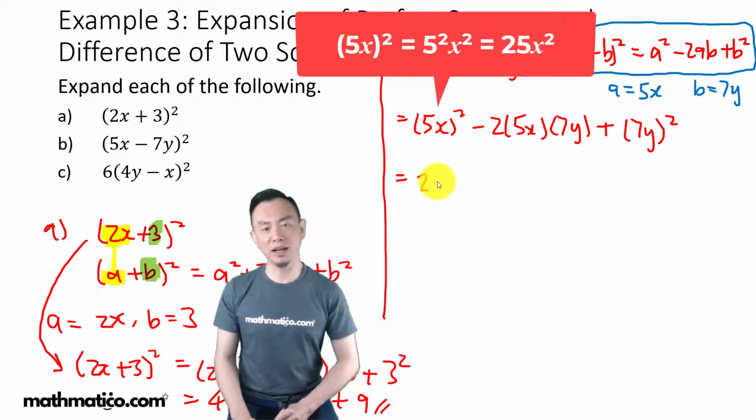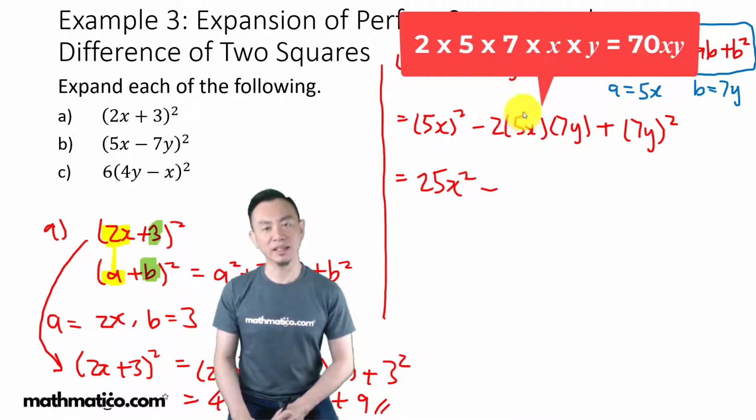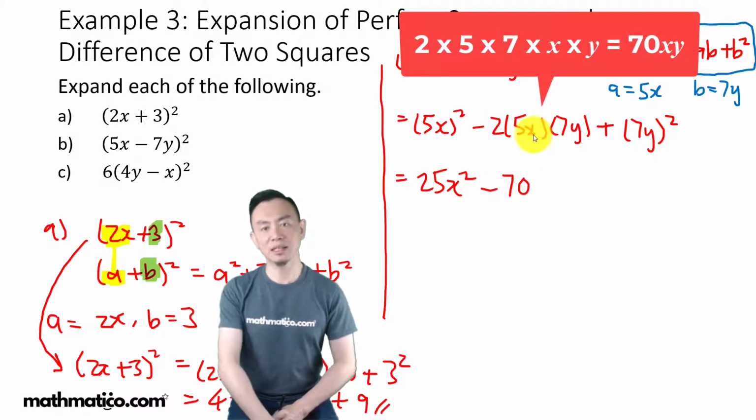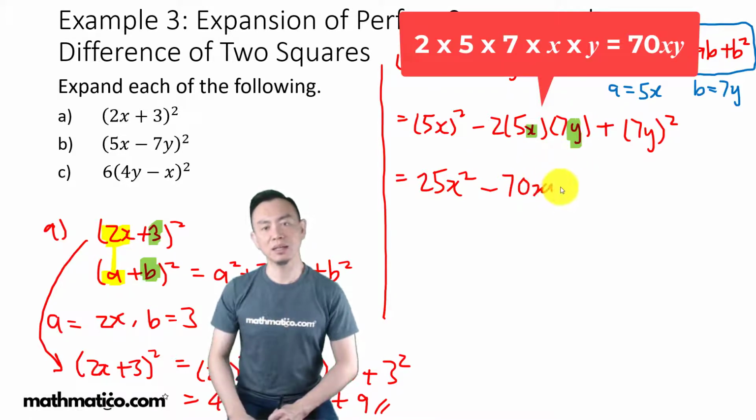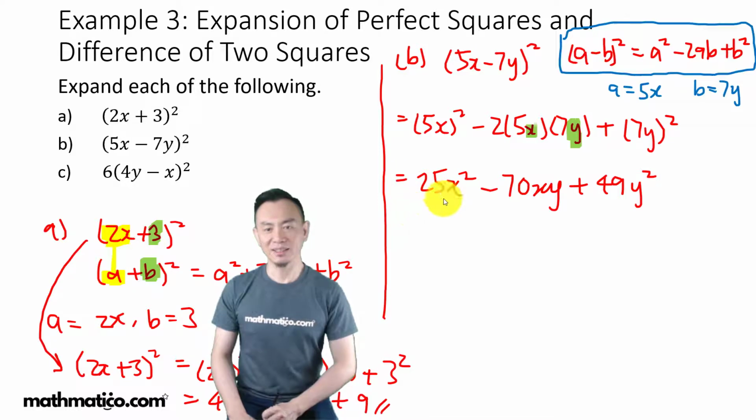You get 25x squared minus 2 times 5 is 10. 10 times 7 is 70, then you see this x here and y here. Yeah, so 70xy plus 7 times 7 is 49, y squared. Okay, that's it for part B.